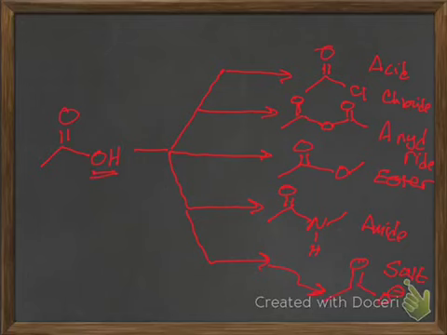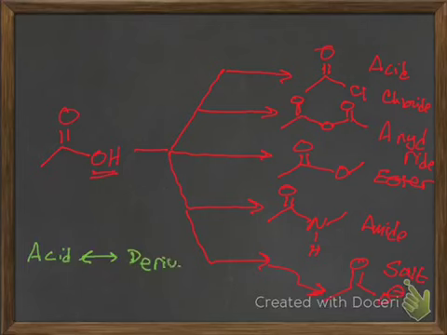With that in mind, let's look at the differences between them. One of the rules you have in all of this is that you can go from the acid to a derivative. Pick your derivative. You can go back and forth between any acid and any derivative, and this is all one step.